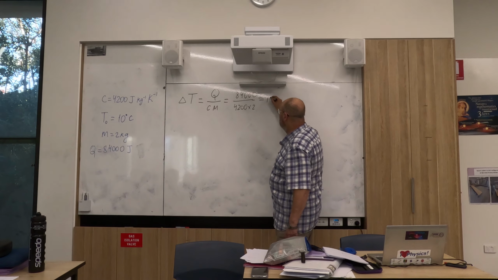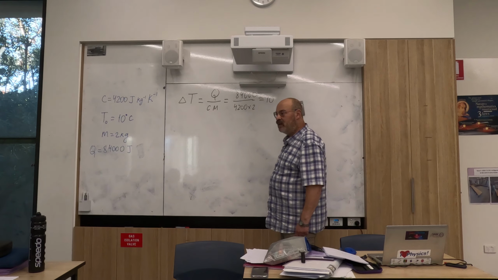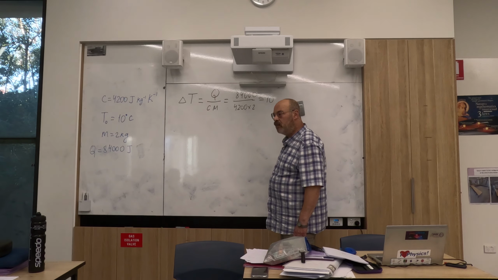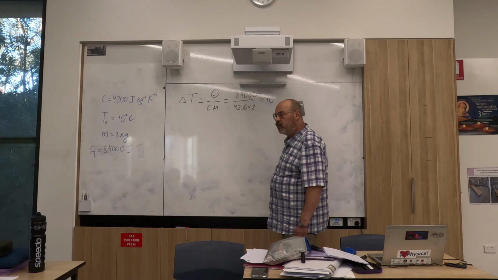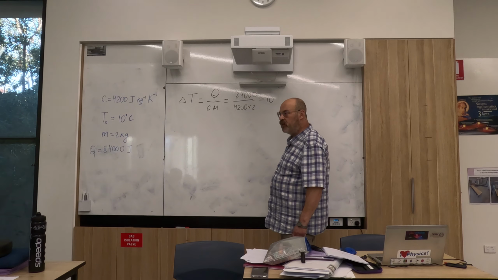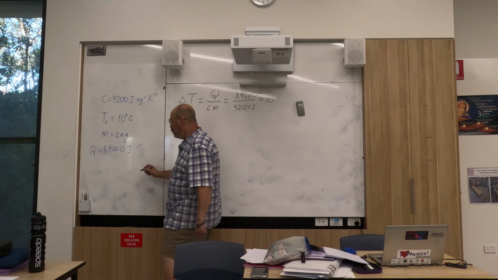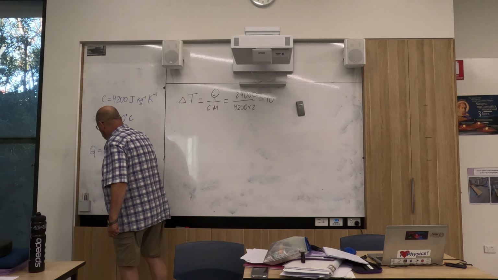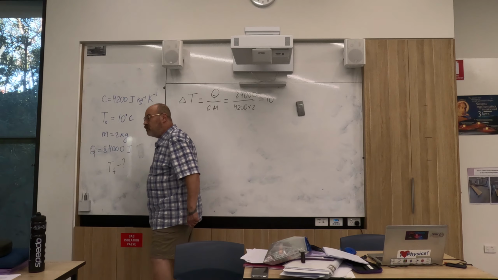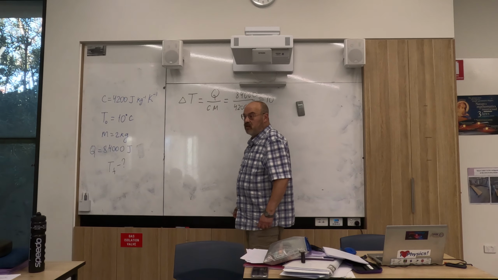Is there something we have to put next to that answer? Like the degree symbol? Yeah, we need to, because the question is what the final temperature is. So as initially we have degrees Celsius, we can give the answer in degrees Celsius.